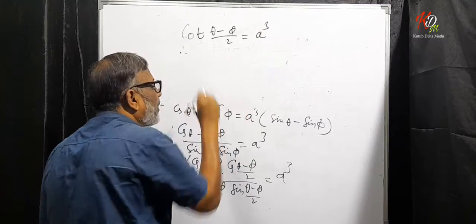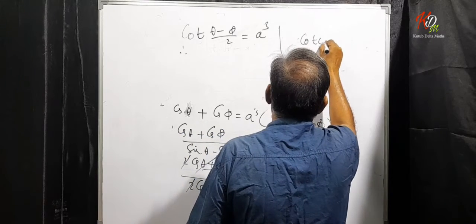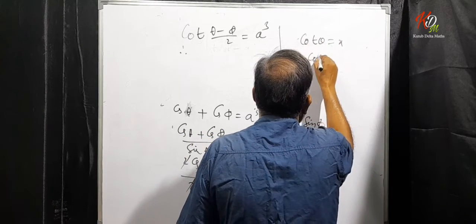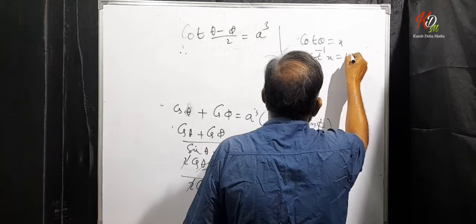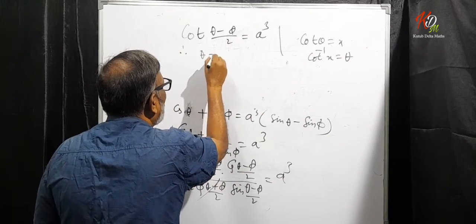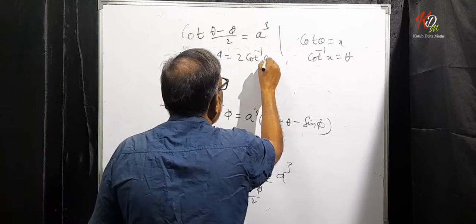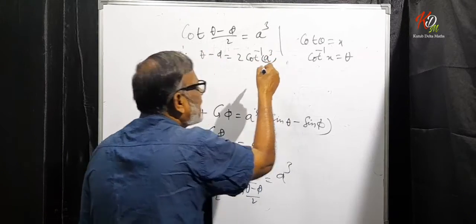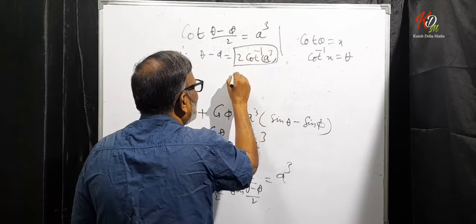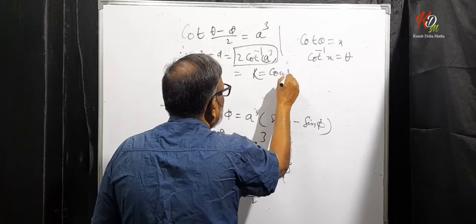By inverse formula, we know that cot theta equal to x means cot inverse x equal to theta. So here theta minus phi equals 2 cot inverse a cube. A is constant, so this is a constant, K, constant.